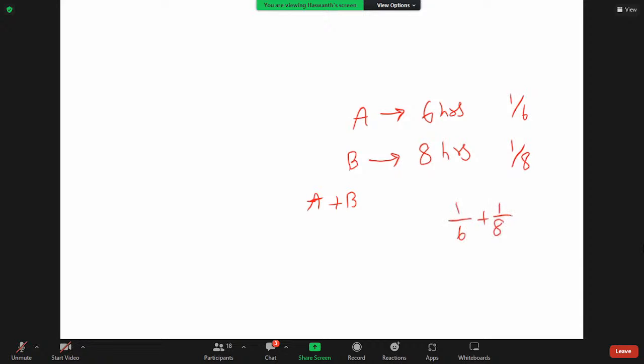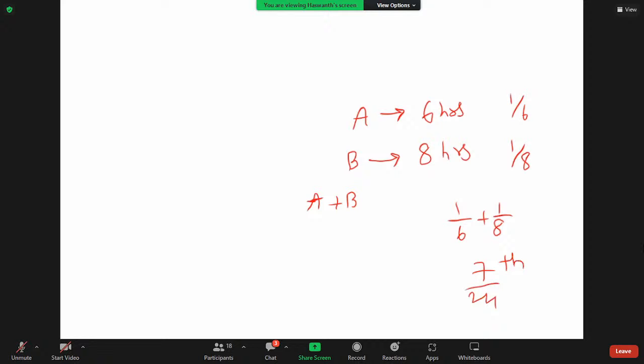So take LCM. You get it as 14 by 48 or 7 by 24. And this is the amount of work done in 1 hour. In 1 hour, if work done is 1 by 6, time taken is the reciprocal of that, we say 6 hours.